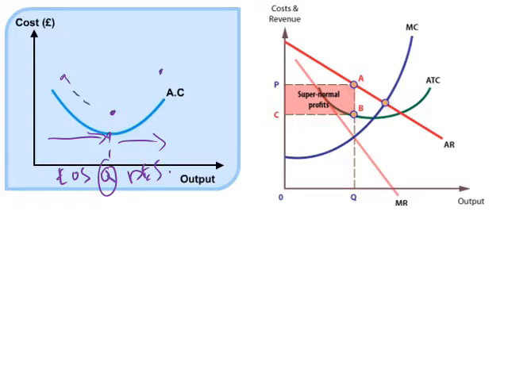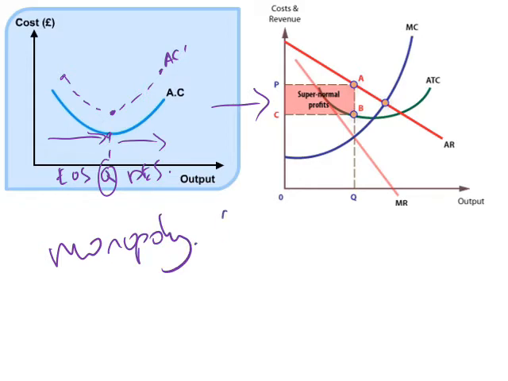So it's an average cost curve which is parallel but higher than the average cost curve it could be. It's normally linked to a monopoly, in terms of monopolies having a lack of competition and then not having the incentive to reduce their costs.